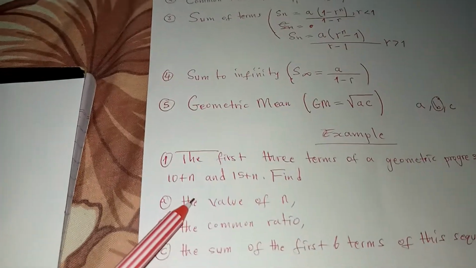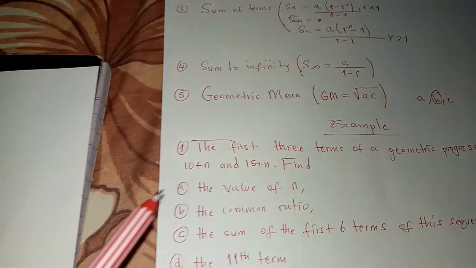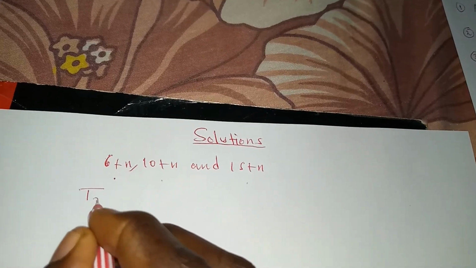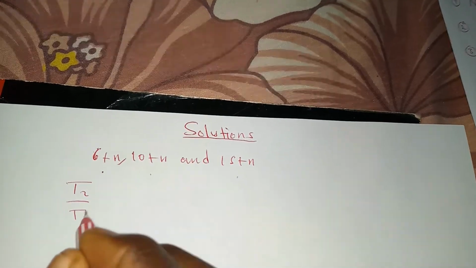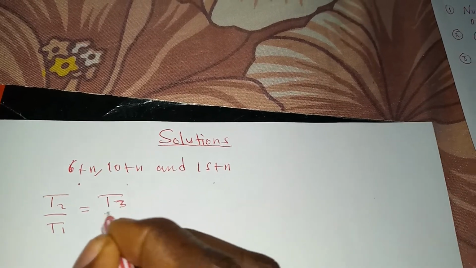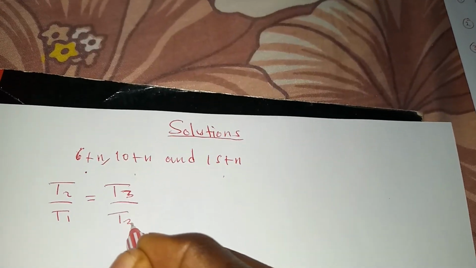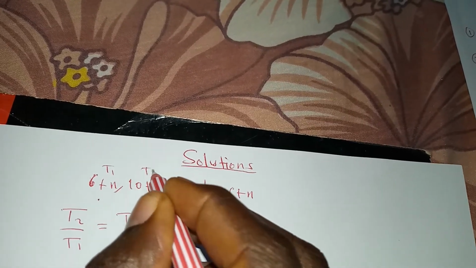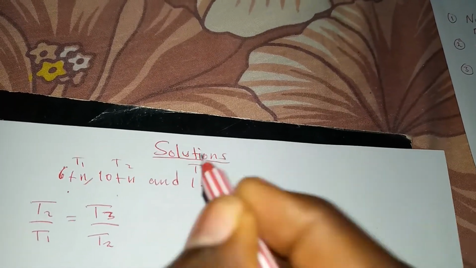Now the first question is saying find the value of n. So finding the value of n, you use the formula for the common ratio where you say second term divided by first term is equal to third term divided by the second term. So we said this is the first term, second term, and that is the third term.